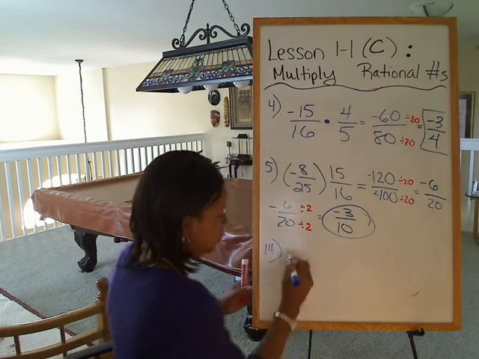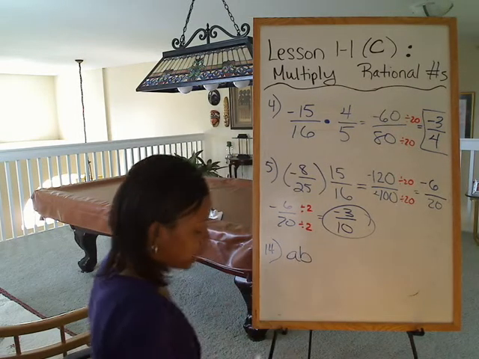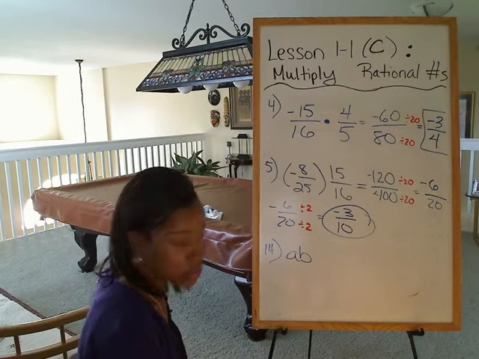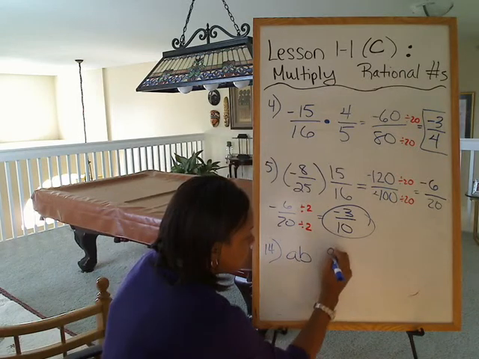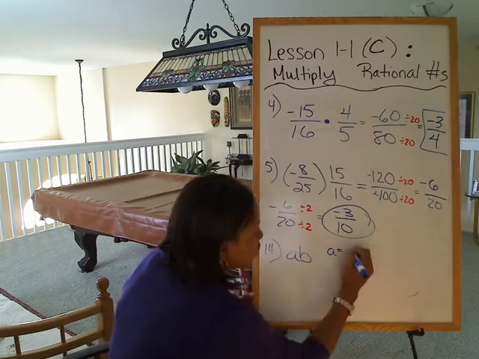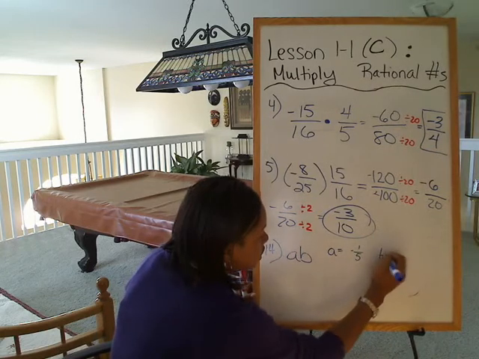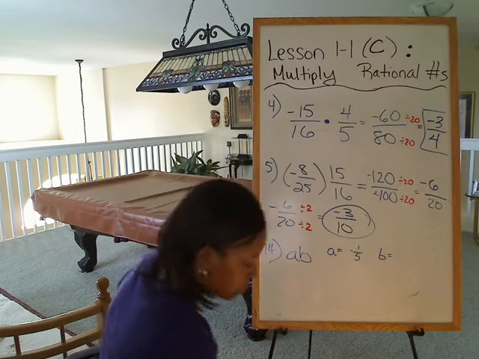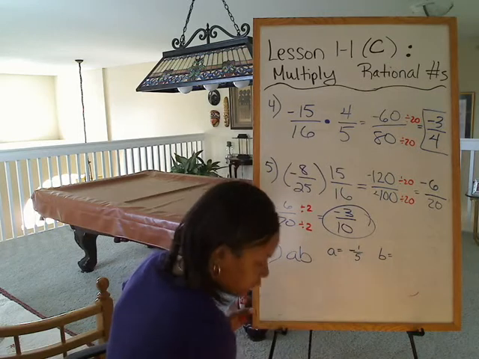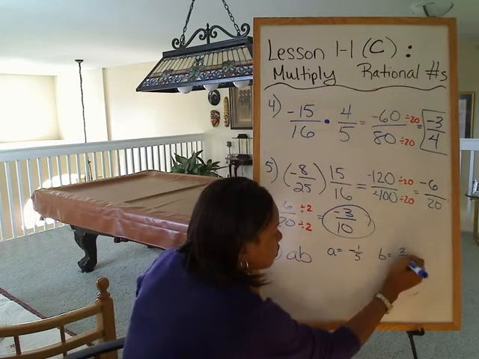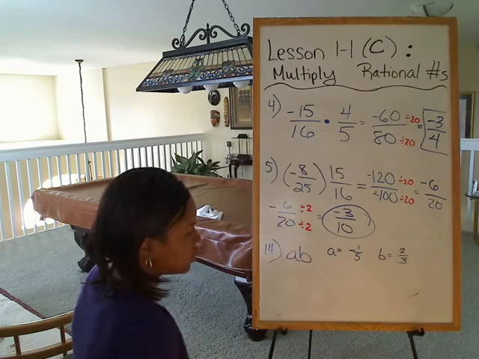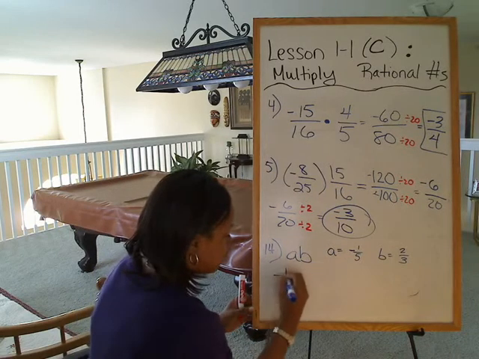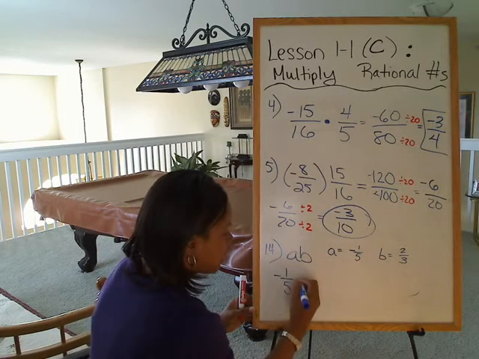Number 14 gives you this expression, AB. They tell you to evaluate it. They tell you that A equals negative 1/5 and B equals 2/3. So all you have to do is fill in A is negative 1/5 times B.